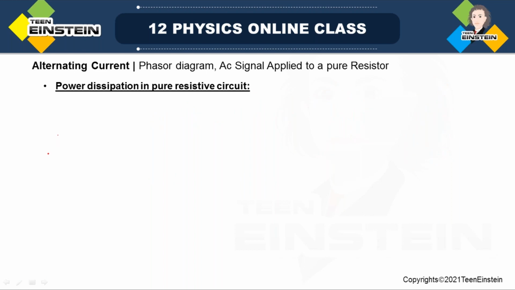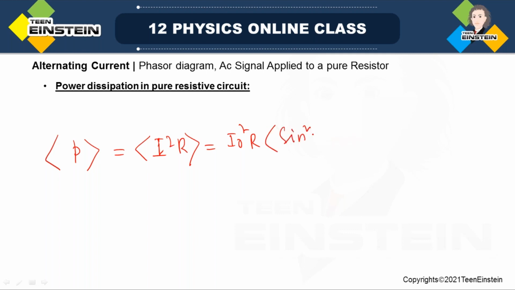So average power dissipation is I0 square R into the average of sine square omega t.